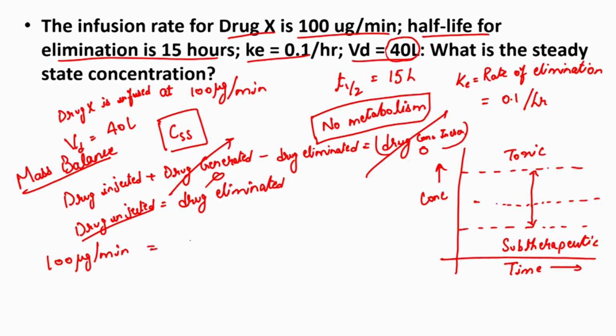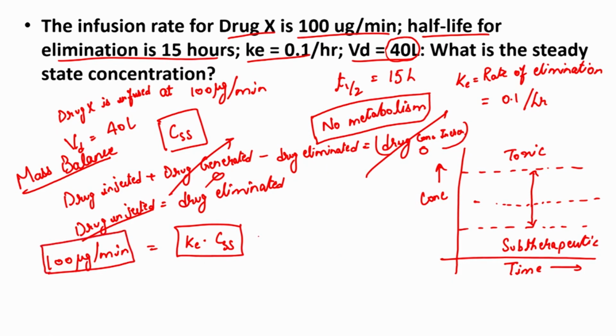If I equate it to Ke multiplied by the concentration of the drug at that time, let us say the CSS, because it is a steady state concentration that is not changing, then this is the amount of drug that is getting eliminated per unit time, and this is the amount of drug that is getting injected per unit time.